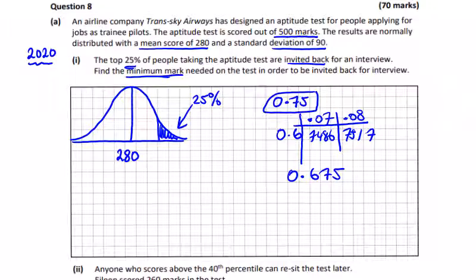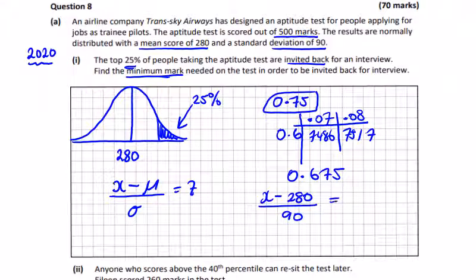So we're testing X, our test statistic. We don't know what it is. We're testing it against the average over standard deviation. This is my Z-score. So if I fill that information in, X minus mu, which is 280, divided by 90 is equal to 0.675.